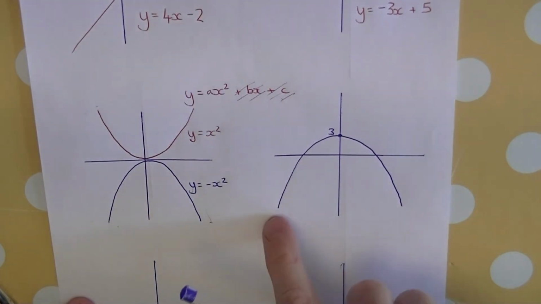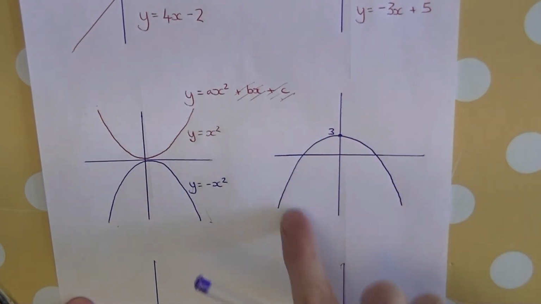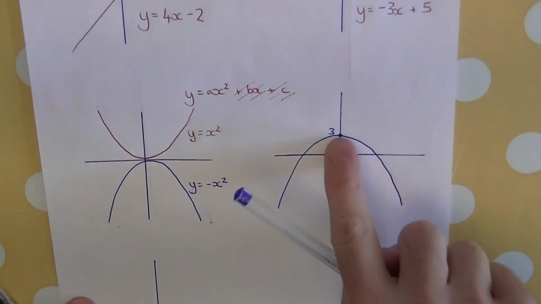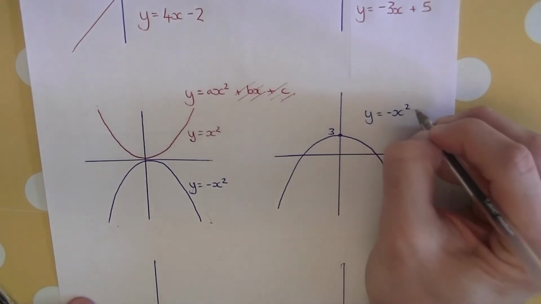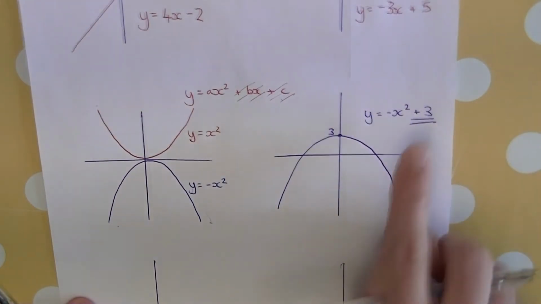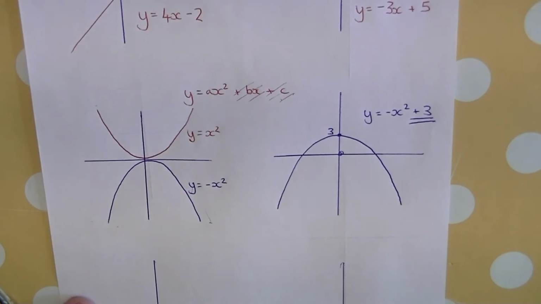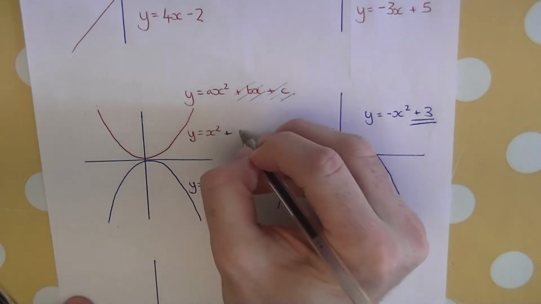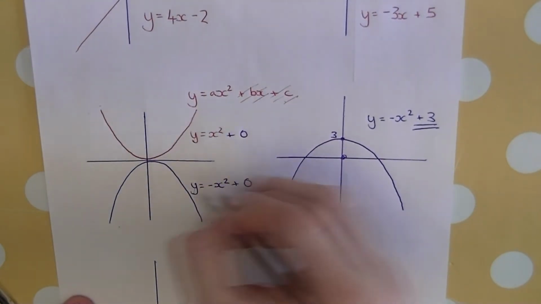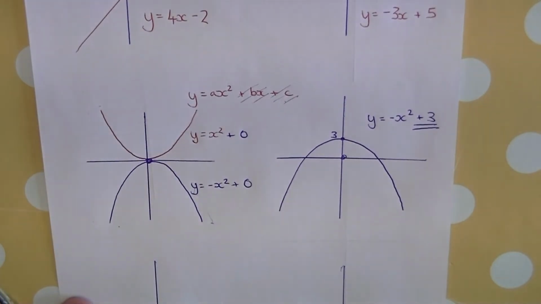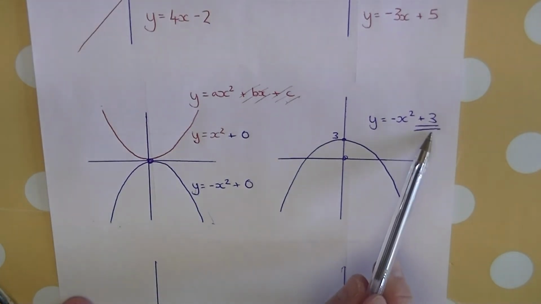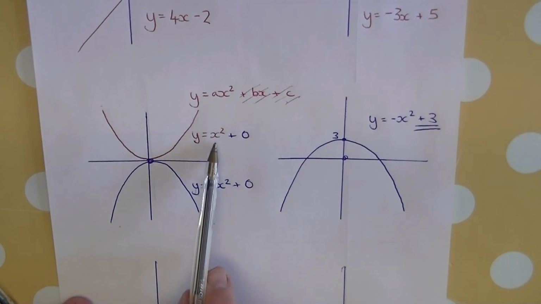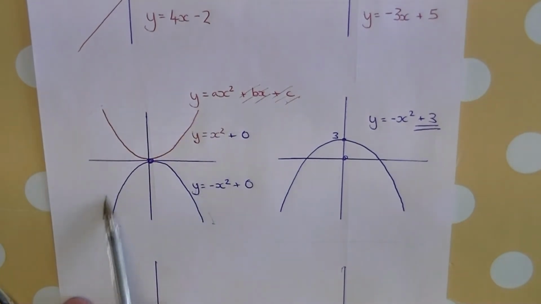The shape of it is a negative x squared, but it's got that y-intercept of 3, so I'd expect this to be something like minus x squared, and then I'd need that number there. If there's no number there, that would suggest it cuts through 0 like this. Another way of thinking I could have done here is written plus 0, suggesting that it has a 0 y-intercept. So quadratic graphs, we're looking for one bend, we're looking for the y-intercept, and plus x squared bends this way and minus x squared bends that way.